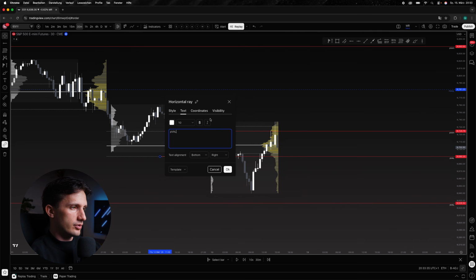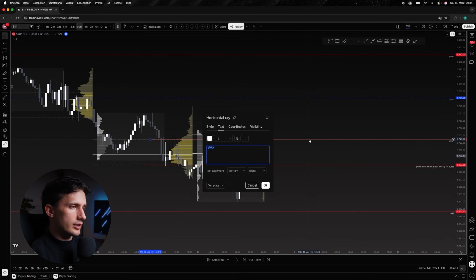So let's say here, on this previous value area low, we are saying that if the market holds below 6.690 right here, we are looking for 6.626 as a target, right?